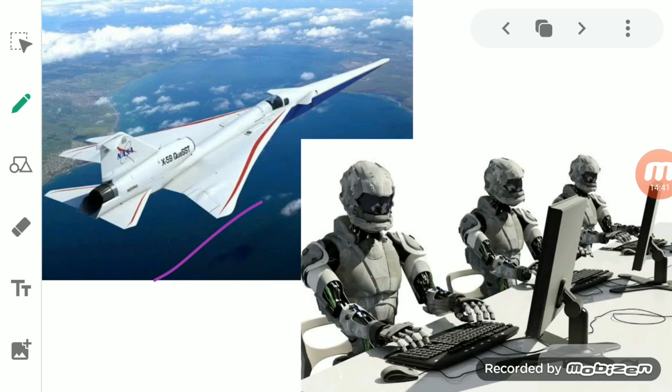Solar energy, student, means the sun's energy, the energy which is taken from the sun. So the solar powered vehicle and the automated vehicle run by a computer or by a robot, these are the different kinds of inventions which may occur in the future.